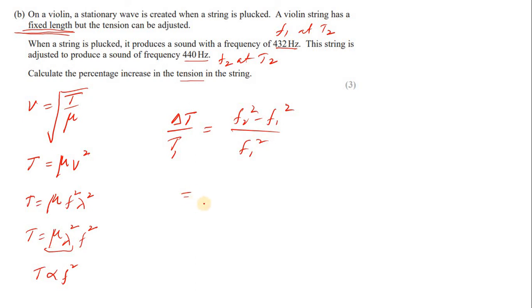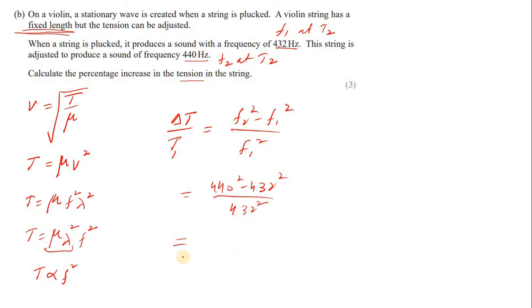So now the fractional change, or the percentage change, you can substitute the numbers. So F2 is 440 square minus 432 square divided by 432 square.